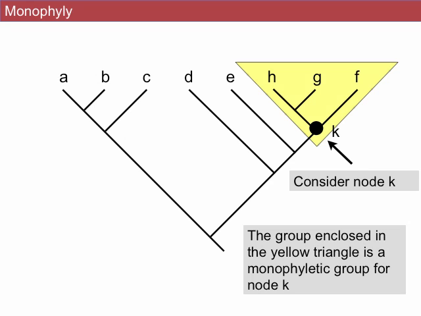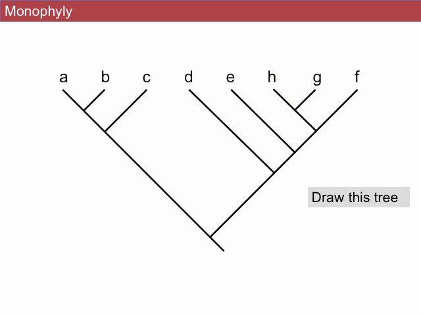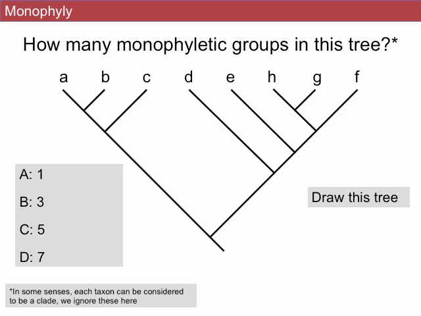Does this make sense? Yeah, question. Yeah, so the question is, can a monophyletic group be any size? Yes, absolutely. Take any node in the tree and include that node and all of the descendants of that node.